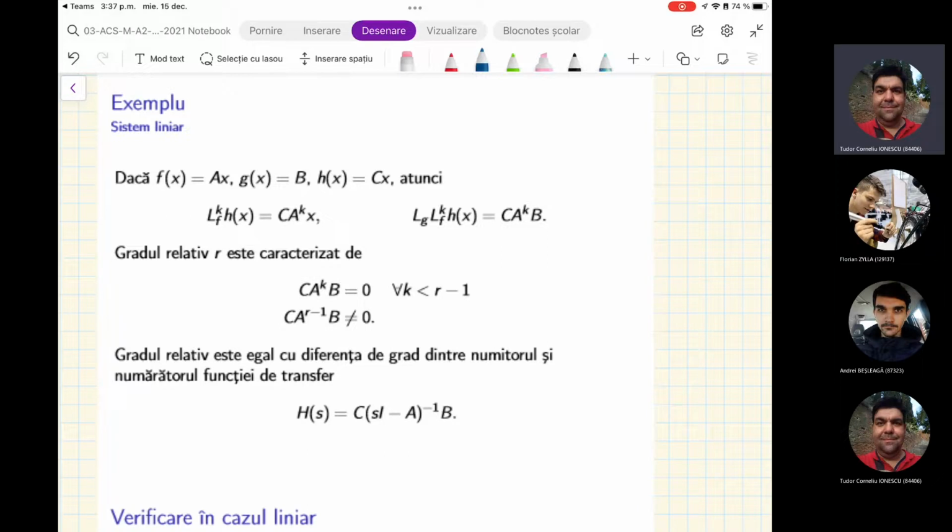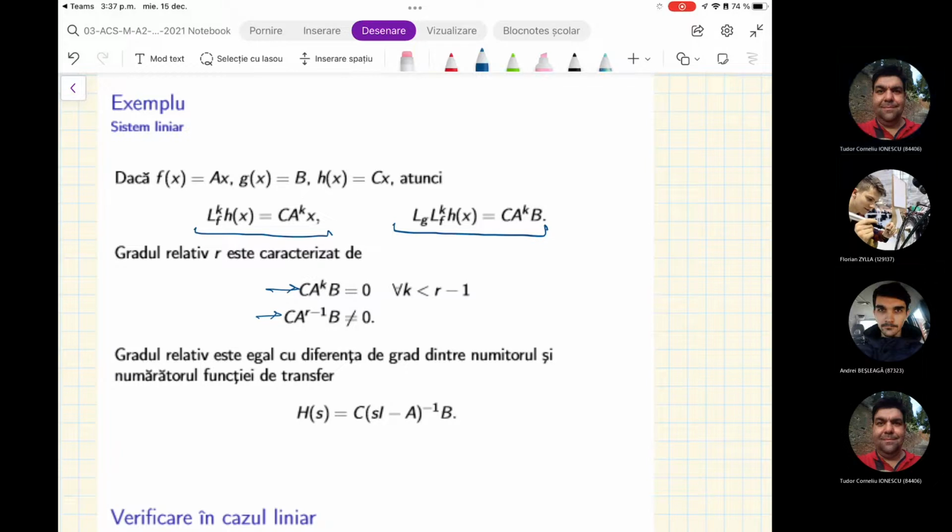So again, as you see, LfKh is this, and LgLfKh is this. The relative degree r is characterized by these properties. The relative degree is actually the pole-zero excess, the difference of degree between the numerator and the denominator of this transfer function.